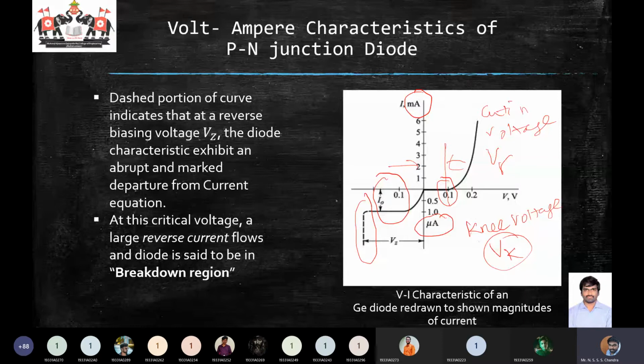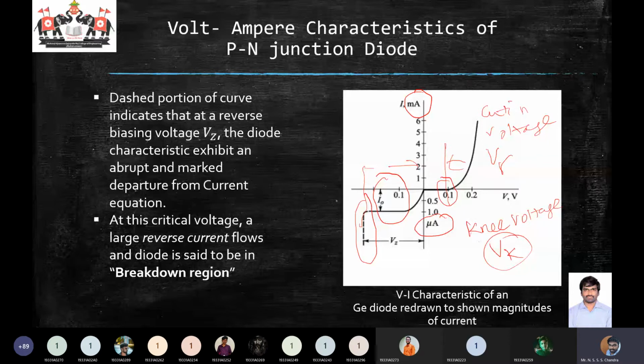It's not falling; it's in the reverse direction. The magnitude of the negative current increases all of a sudden, even without much appreciable change in the voltage. It is as if at a constant voltage you are suddenly seeing a rise in current.